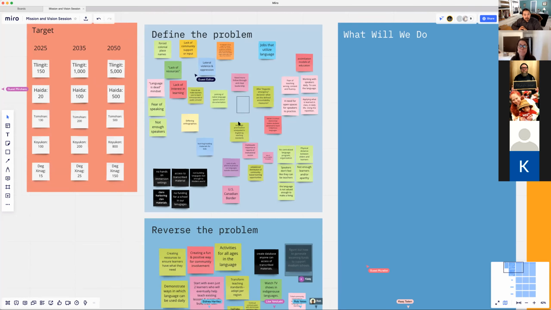Reversing the problem, I kind of like that term because it's like, okay, let's just switch that around. There are some things where our job is not to solve lateral violence, but our job is to reverse it. So one is how do we keep working even though some of us are being attacked? Two, how do we not attack each other?